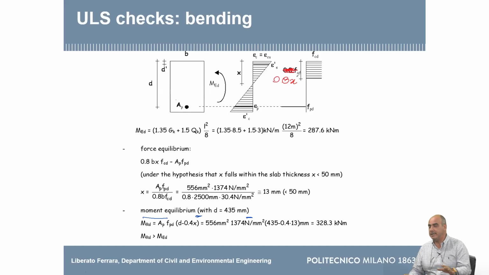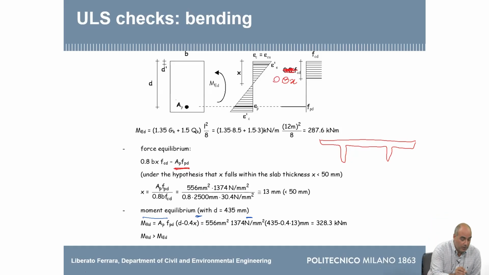Which are the forces that you have here? You have the tensile force in the steel, Ap fyd, and the compressive force in the concrete. With the stress block, it is very easy: it's 0.8 b x fcd. But there is a but. This is a rectangular cross-section, but our element has a cross-section which is made like this.